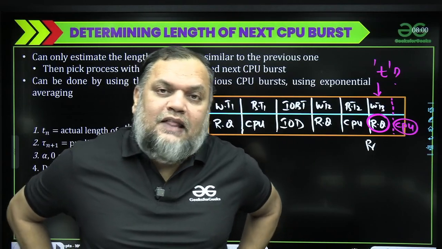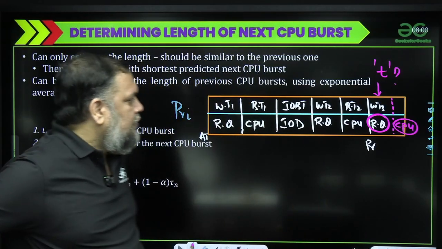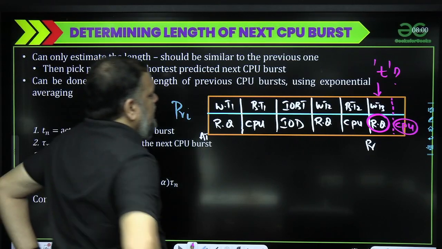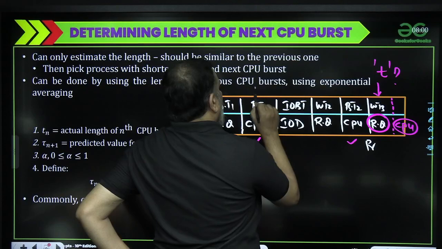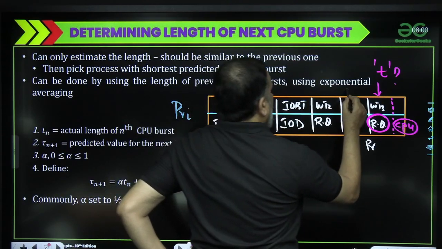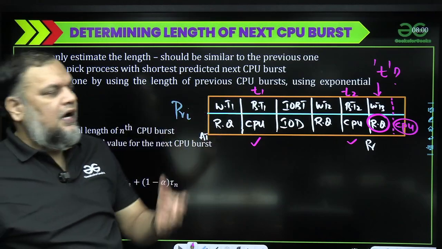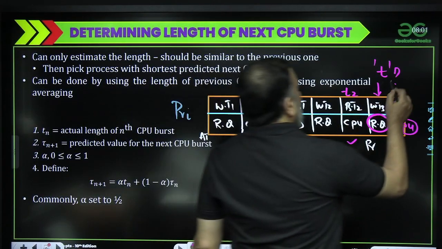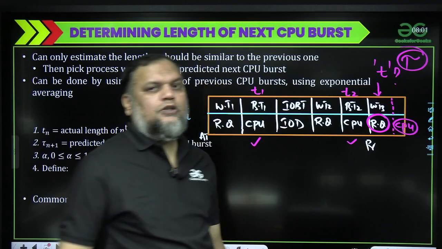That is called the length of the next CPU burst. Essentially, you should see that the process has already completed two bursts, burst 1 and burst 2. If I call the completed burst times T1 and T2, in general Ti is the completed burst time, and the predicted burst time we will indicate by a symbol called tau. Tau is used for prediction.